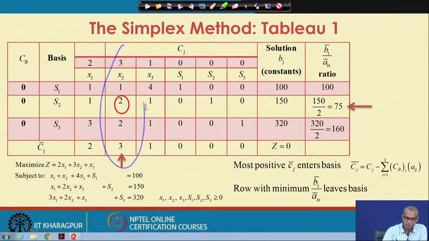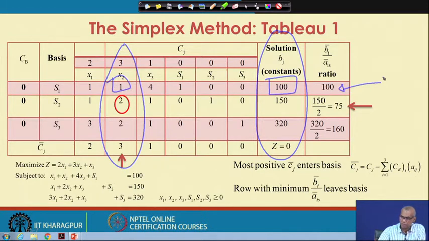So, focus your attention here, and now look at the minimum ratio column. So, this is 100 divided by 1 is 100. This is 150 divided by 2 is 75. 320 divided by 2 is 160. So, this is how you compute minimum ratio.